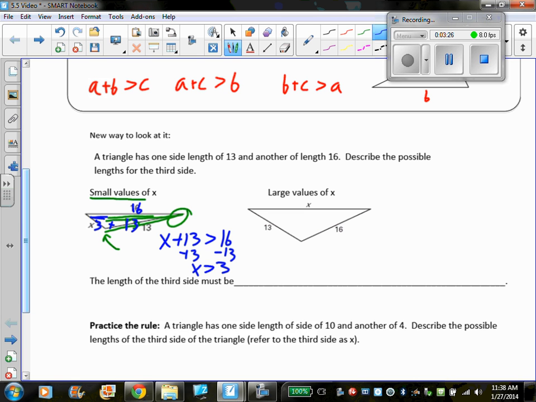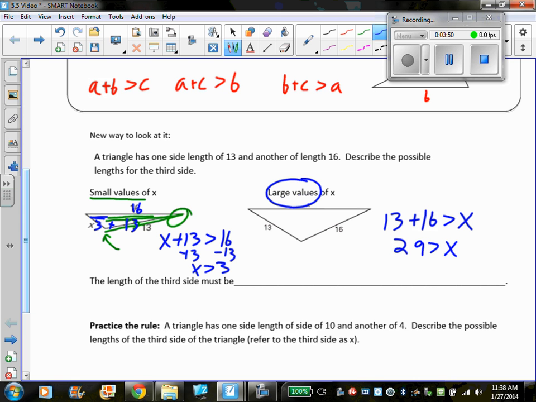Now, by that same token, we can set up another inequality to find the biggest value of x, because we also know that 13 plus 16 has to be greater than x. Remember, any two sides of a triangle have to be bigger than the third side. So let's say x is the third side. Well, that means that 29 has to be bigger than x.